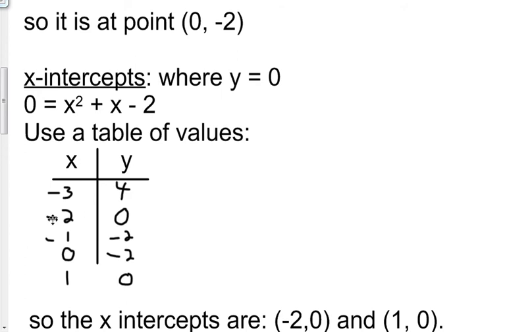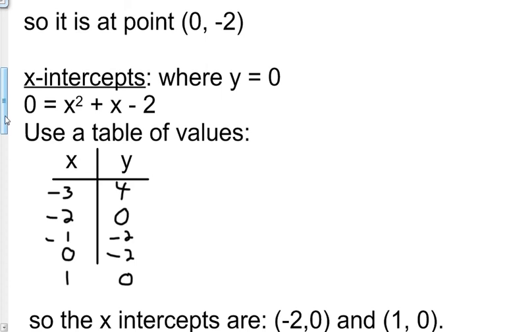For negative 2, negative 2 squared is 4, minus 2 is 2, minus 2 is 0, so (-2, 0). I can continue doing this to fill out my table of values.